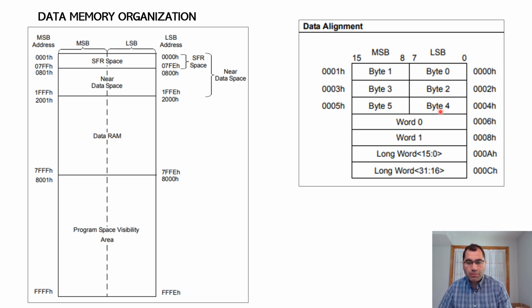It can be even larger. If it is a long word, meaning a 32-bit value, then we need 4 address locations.